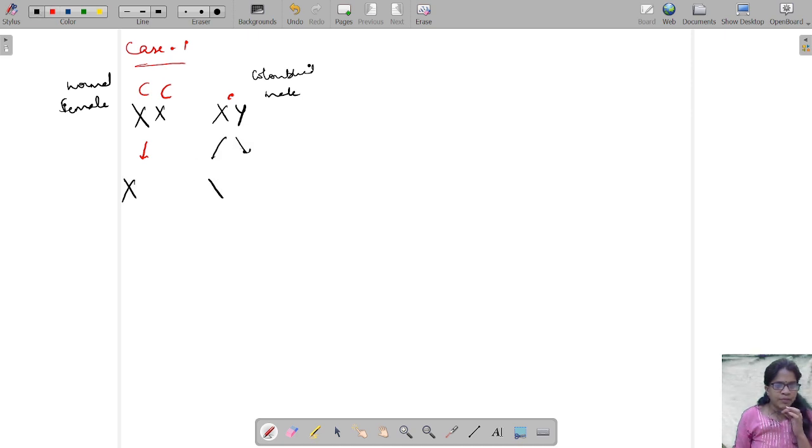You get two types of gametes. So this is the one gamete, and this is your small c gamete. Now you have two types of gametes, one, two, and here only one type of gamete. Now we are crossing it.